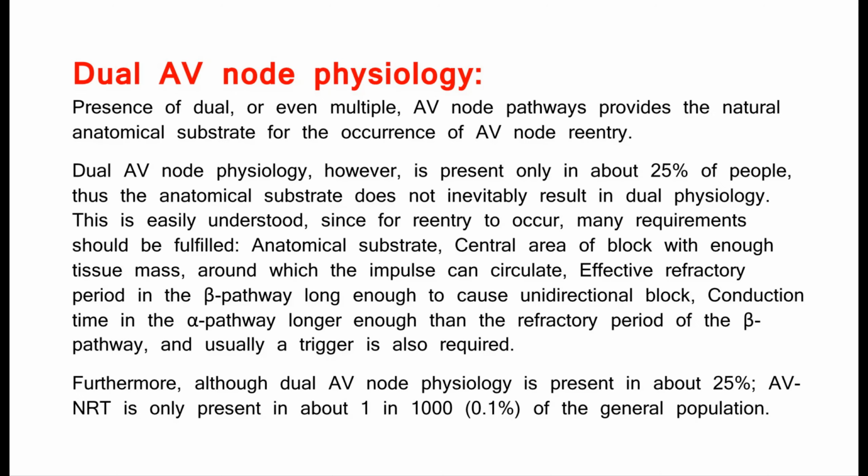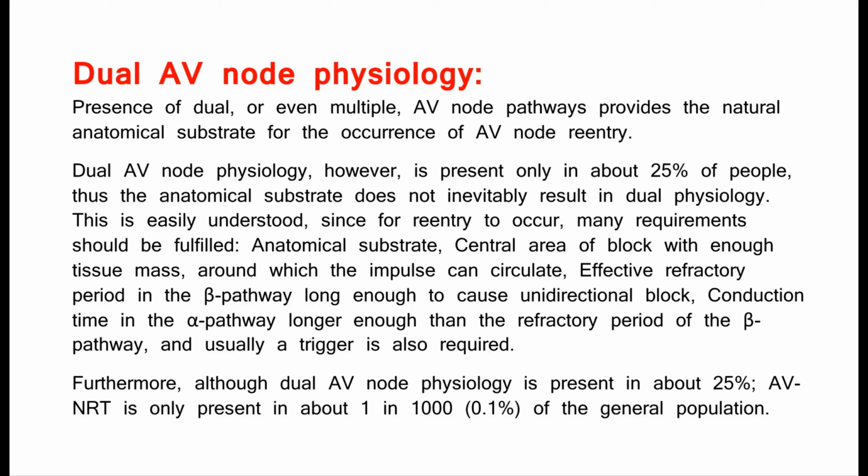Dual AV node physiology. The presence of dual, or even multiple, AV node pathways provides the natural anatomical substrate for the occurrence of AV node reentry. Dual AV node physiology, however, is present only in about 25% of people, thus the anatomical substrate does not inevitably result in dual physiology.